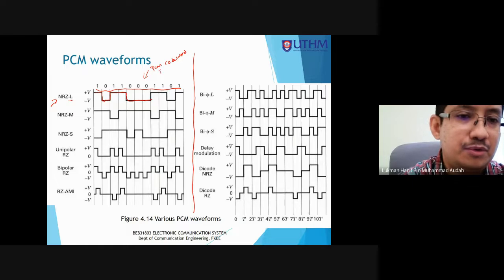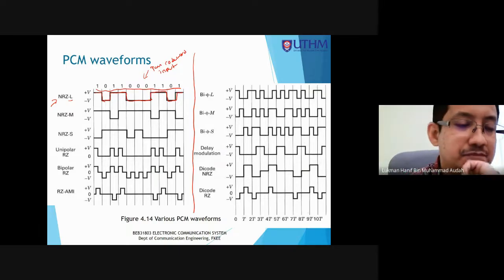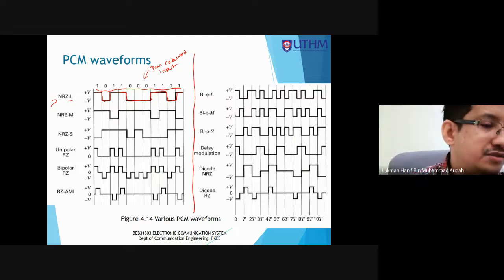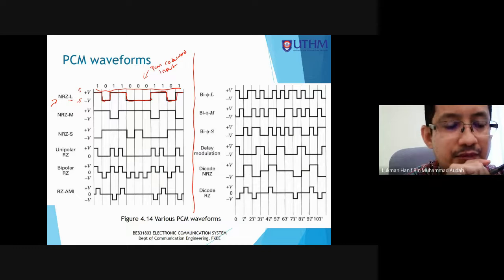Nampak ini adalah input tadi so ini outputnya yang inilah. So logic 1 positive volt, logic 0 negative volt. Terpulanglah kalau di sini adalah 5 volt, di sini adalah minus 5. Okay. Kemudian non-return to zero M for mark.